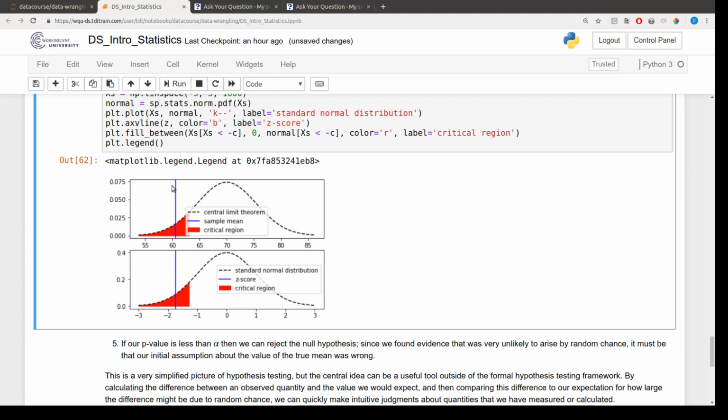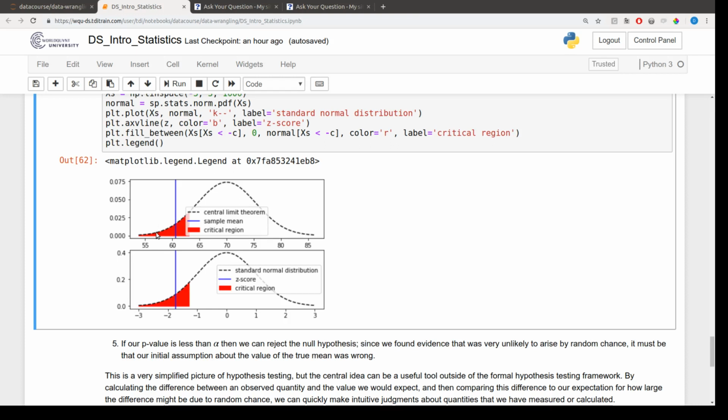We found a sample mean over here. If we were to shade the 10% critical region, that would start over here at about $63,000 and extend off to the left. So 10% of the probability under this curve corresponds with this red shaded region.